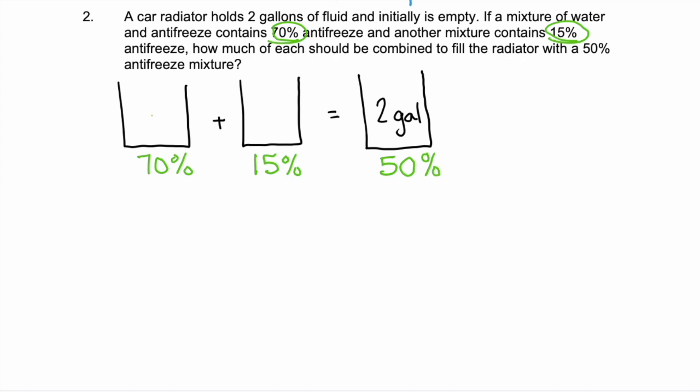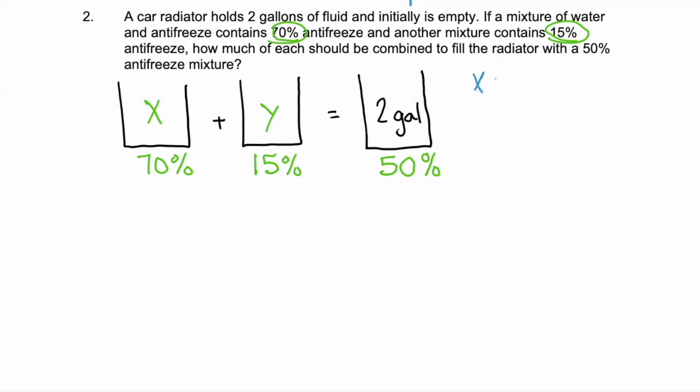Now notice we're missing 2 variables. So we'll call those X and Y. And from this information, we get our 2 equations. So our first equation tells us that when we add X and Y, that's the quantity.